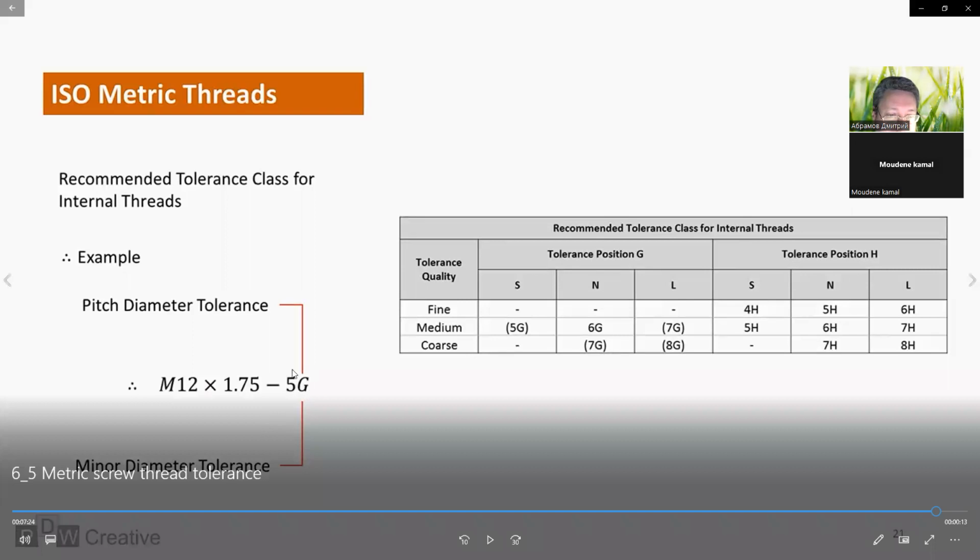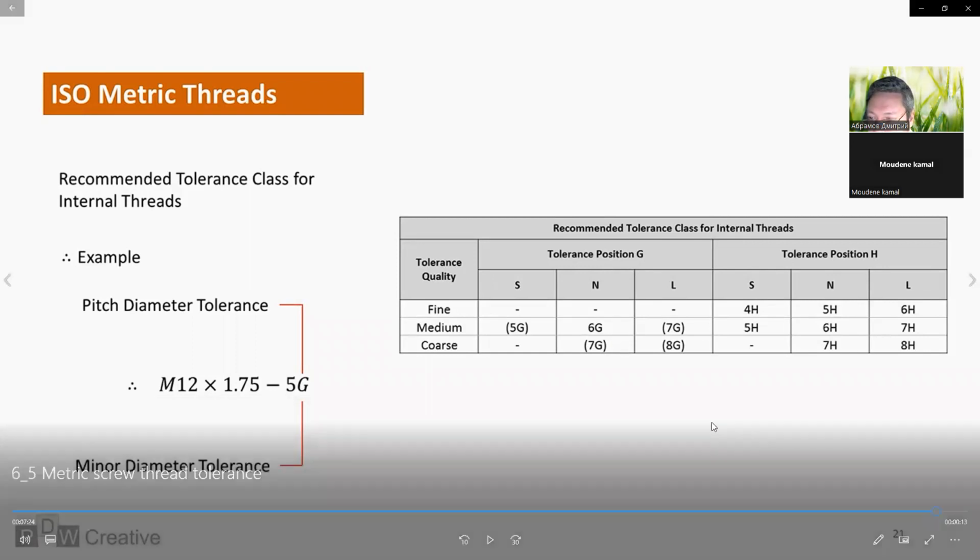You can see it's a big letter, so it's the internal thread of the nut. It's an example of a metric thread, diameter 12, pitch is equal to 1.75, and the pitch diameter tolerance and minor diameter tolerance is 5G, big G. And in this table, we can see fundamental deviations that use big letters.